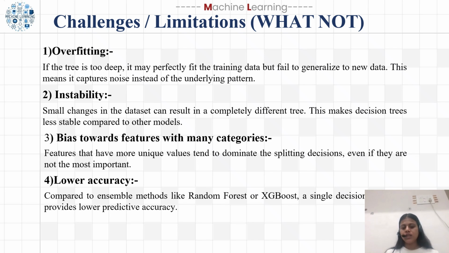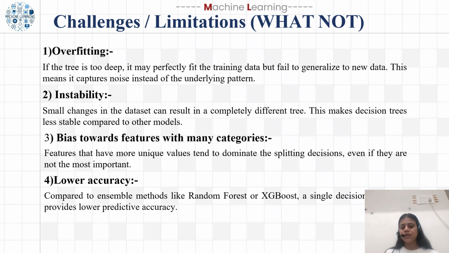Even though decision trees are powerful, they also have some limitations. So in this slide, we will discuss the challenges and limitations of the decision tree. First is overfitting. If the tree grows too deep, it fits the training data perfectly but fails on new data. It captures noise instead of the real pattern. Second is instability. Small changes in the dataset can completely change the structure of the tree, making it less reliable.